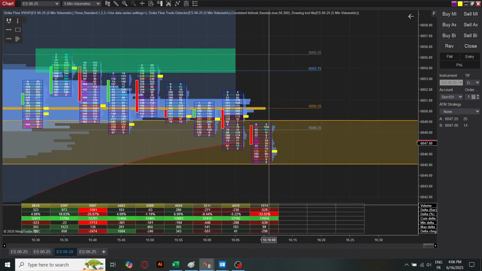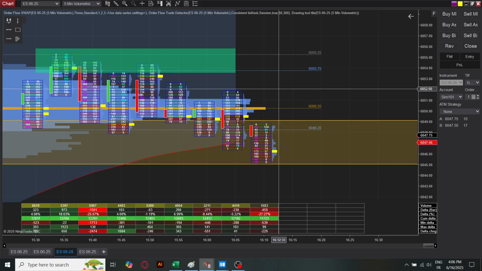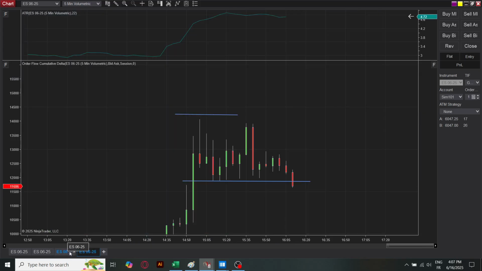So in any given second, price can blow up. I think we have a breakout. I will wait for the close.